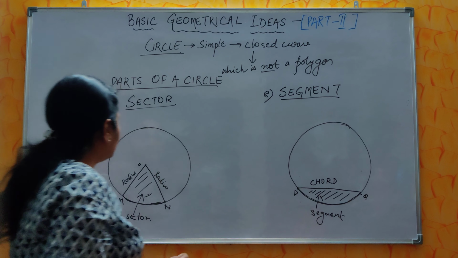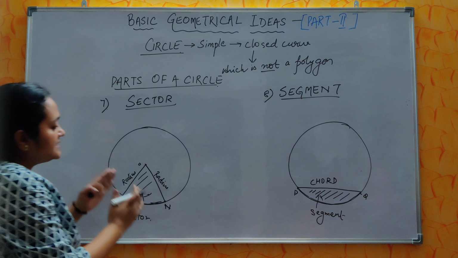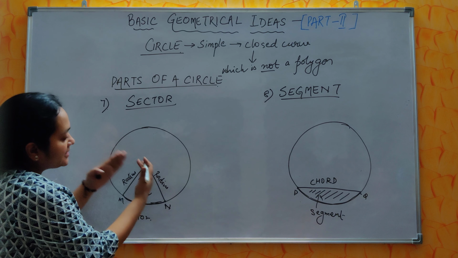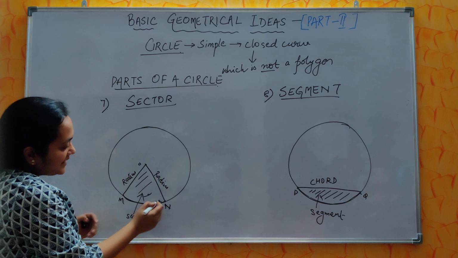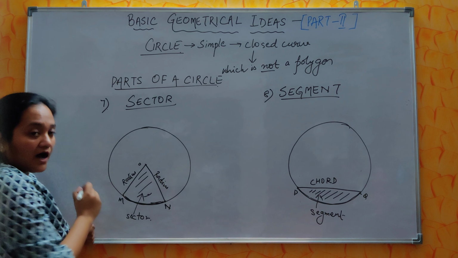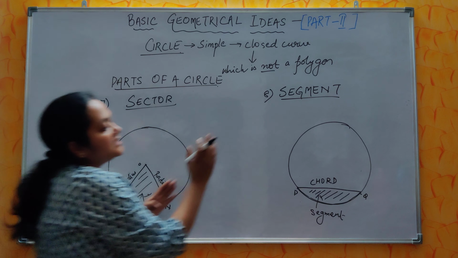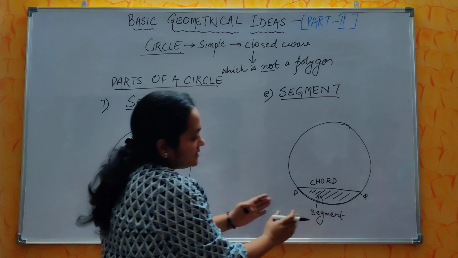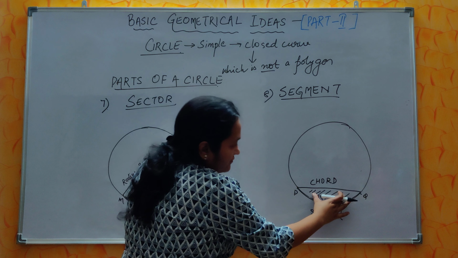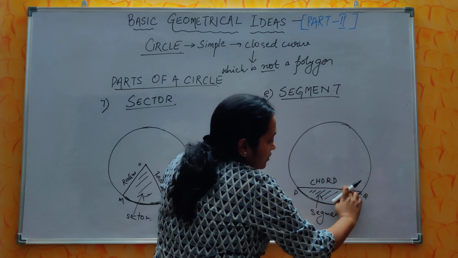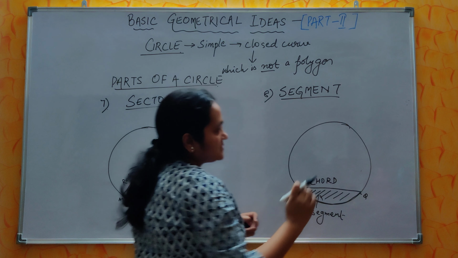So always remember that a sector is the interior of the circle enclosed by the 2 radii and the arc of the circle, whereas the segment of the circle is the interior of the circle enclosed by the chord and the arc of the circle.